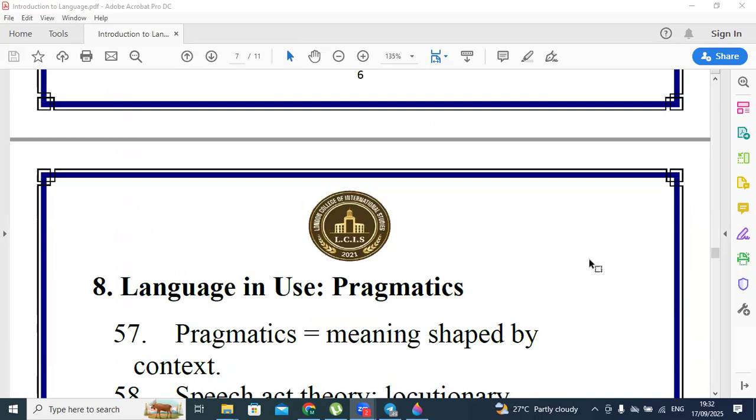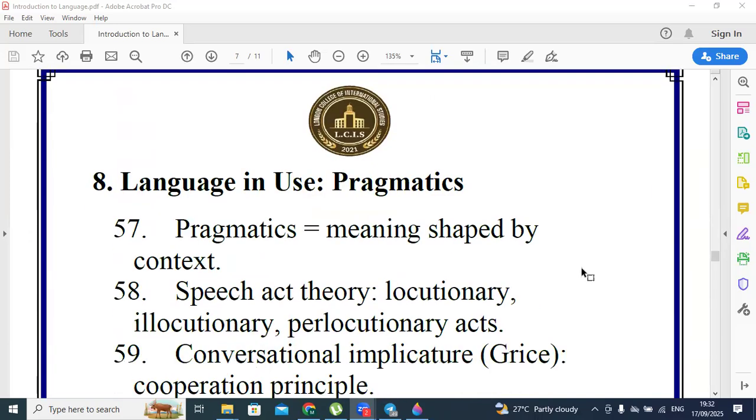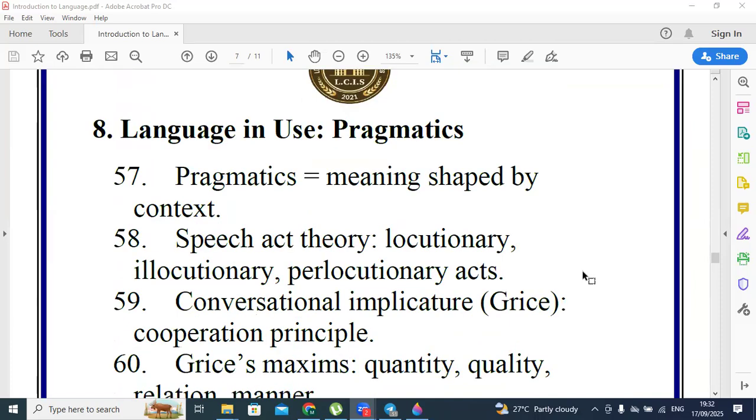Language use, pragmatics. Pragmatics means meaning shaped by context. Speech act theory: locutionary, illocutionary, perlocutionary acts. Conversational implicature.